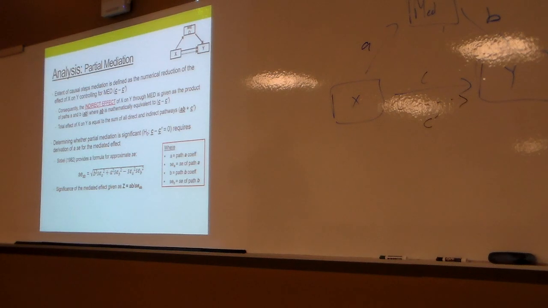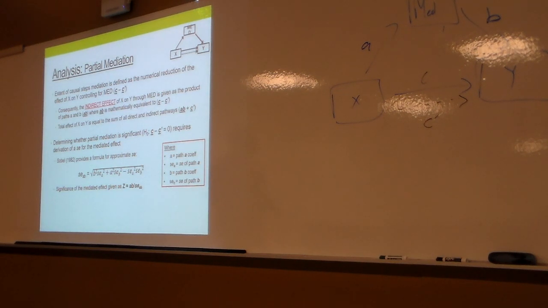And so what Sobel provided is an equation for our normal theory test of the reduction of C to C prime. So is the product of paths A and B, or the reduction of C prime, however you want to talk about it, statistically different than 0?